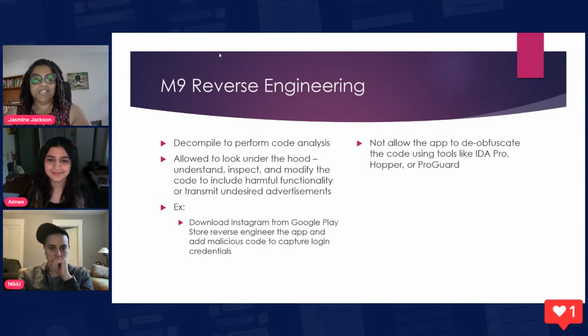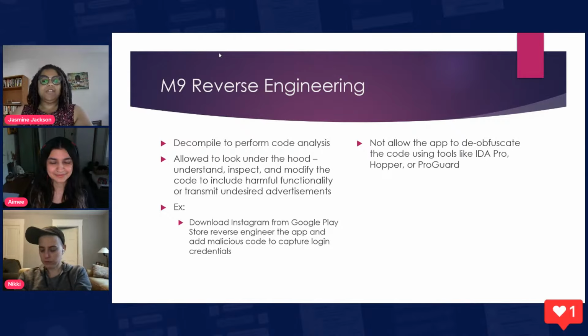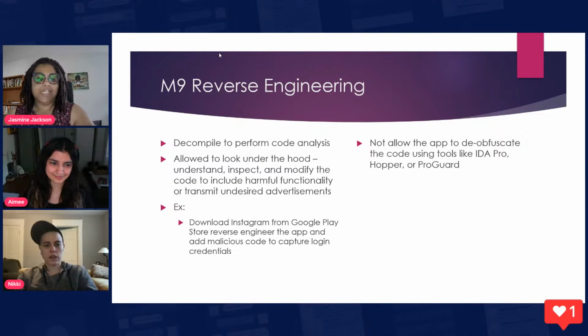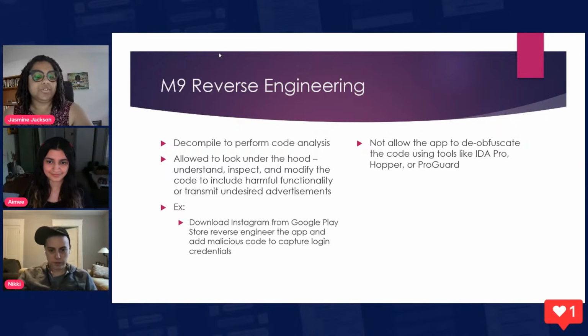And then the second, as I said, is reverse engineering, which was pretty much the gimme because you can do that fairly easily, as I showed with Android apps. You decompile to perform code analysis, to look under the hood to inspect, understand, and modify the code to include harmful functionality or transmit undesired advertisements.